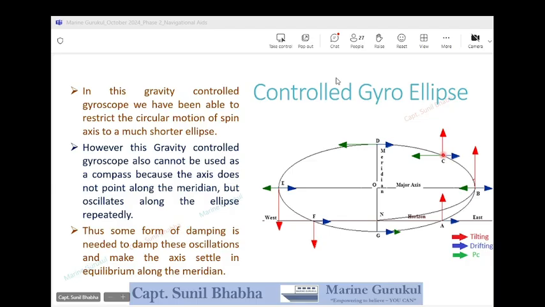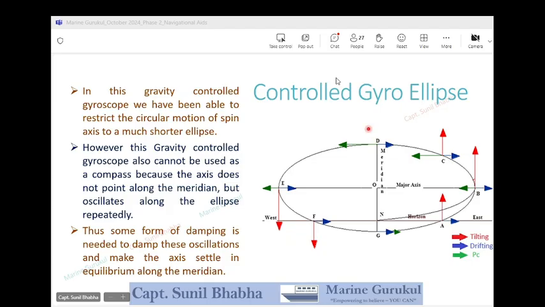You apply an upward force, and you take the spin axis to this particular point where the laser pointer is right now, and you leave it here. As the spin axis moves now under the effect of these three forces, you will see after about 3 oscillations, it is going to come back to the same elliptical path.